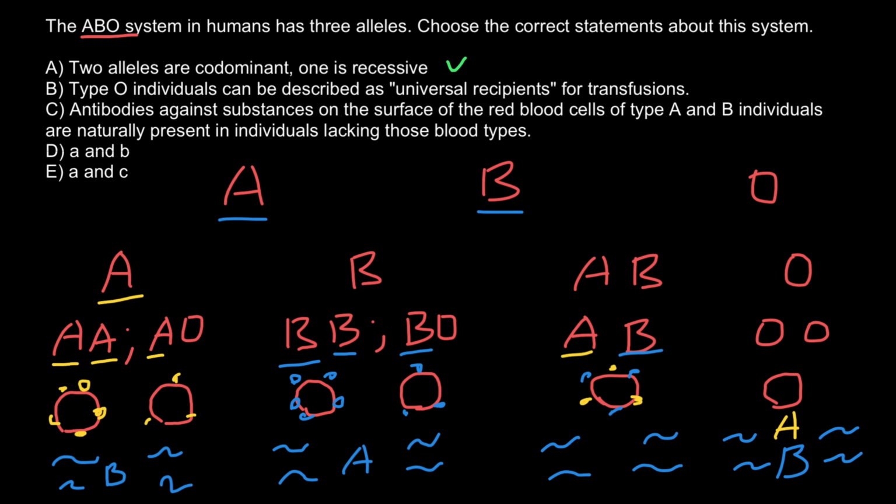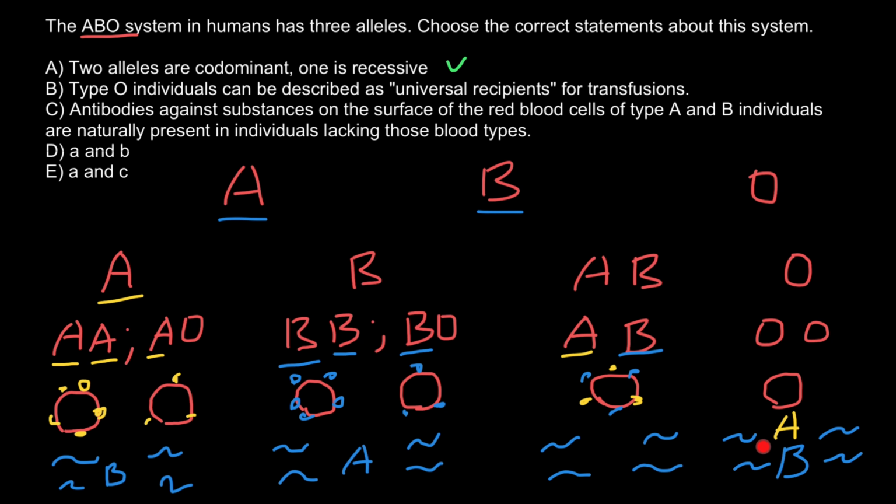Now let's read statement B again. Type O individuals can be described as universal recipients for transfusions. Can blood group O recipients get a blood group AB? No, because in the blood serum we have antibodies against the surface proteins that are present in the blood group AB.